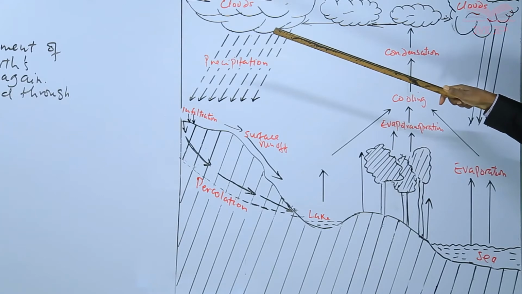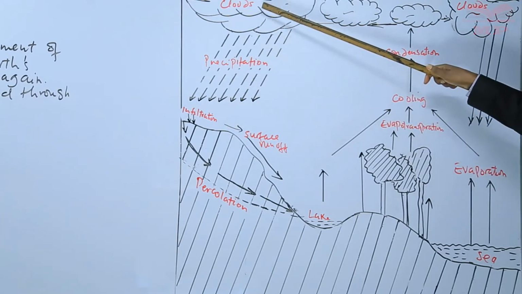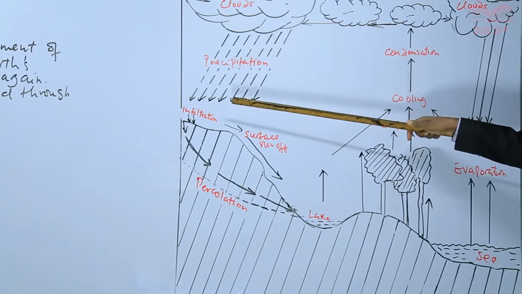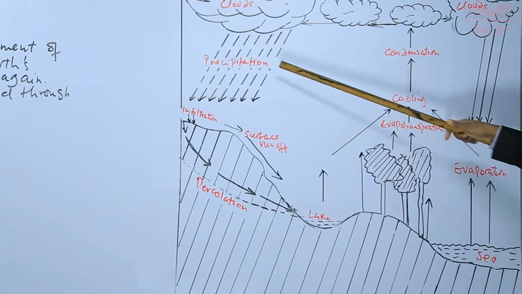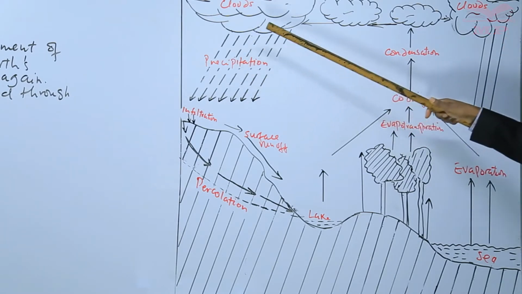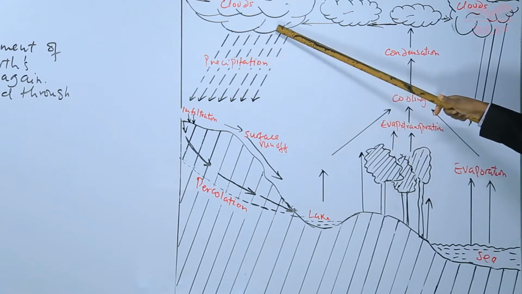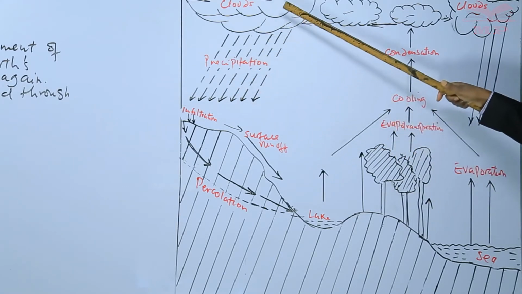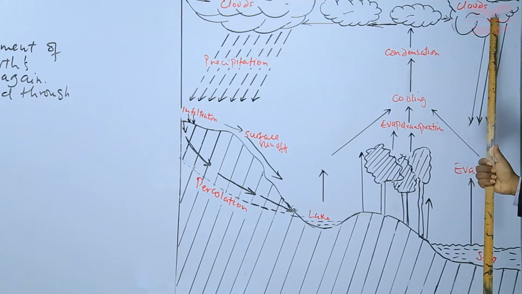This process takes water back to the ground in form of rain. It can be in form of hail. It can be in form of snow. It comes back to the ground.